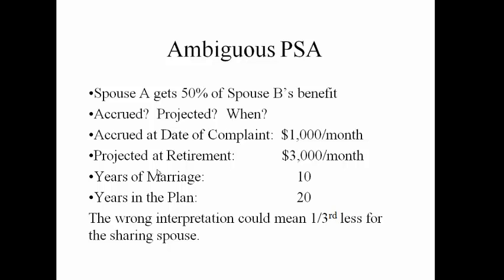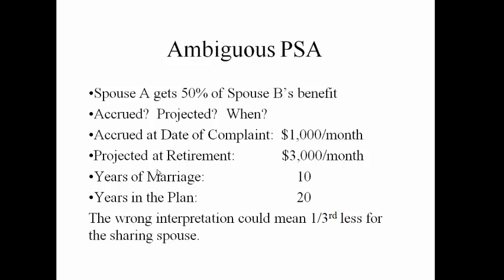Let me give you an example. Let's presume that the implementation assumed it was to be at the accrued benefit at the date of complaint. And let's say it was $1,000 a month. The participant's spouse had accrued a benefit payable at retirement of $1,000 a month.